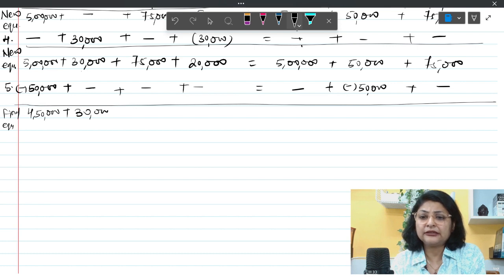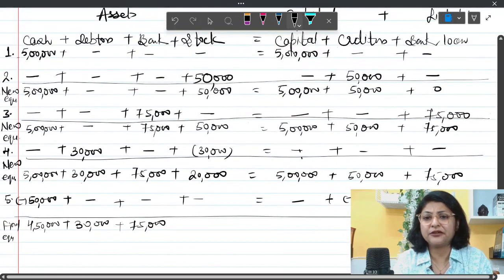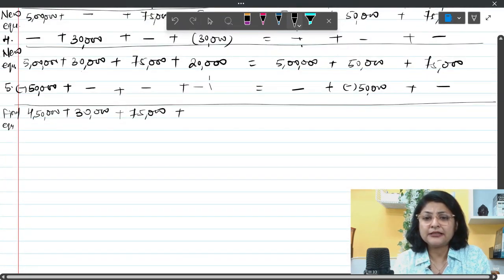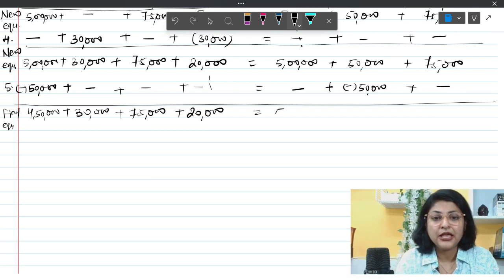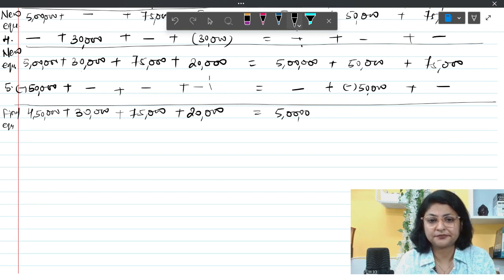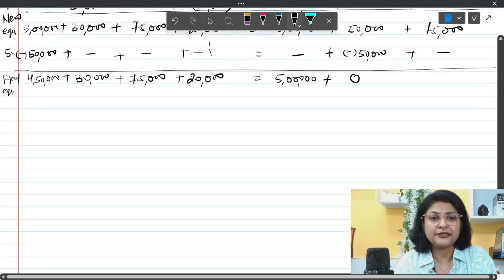My debtors are 30,000. 75,000 was what? I don't remember. 75,000 was bank, plus 20,000 is stock. So if I look at this equation, this is 5,75,000 and here 5 lakh is my capital, and my creditors have become nil now and 75,000 here.